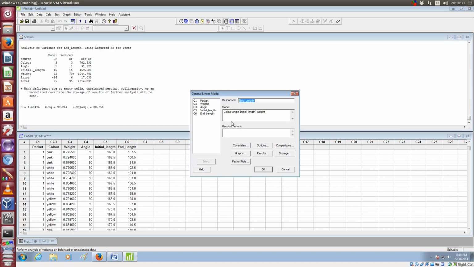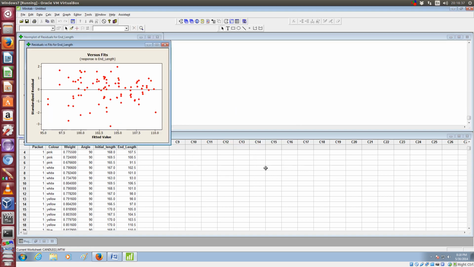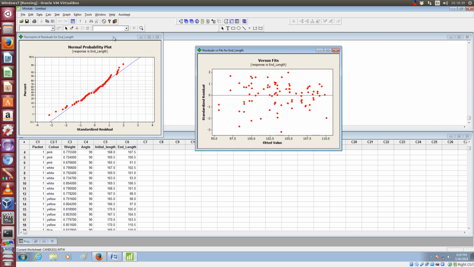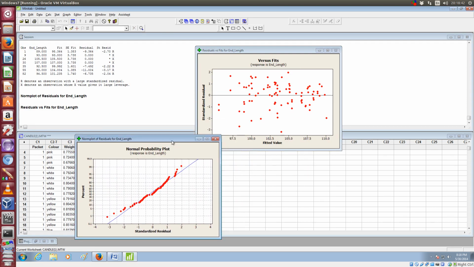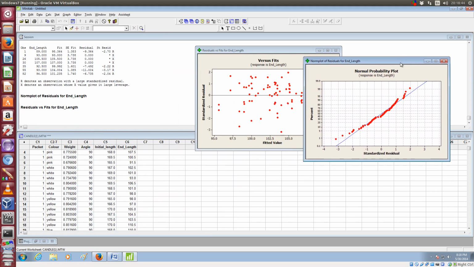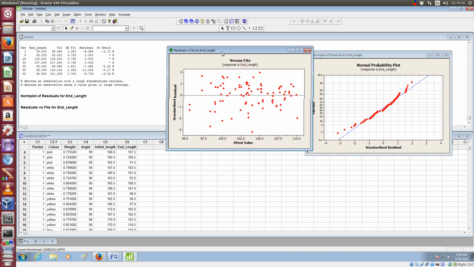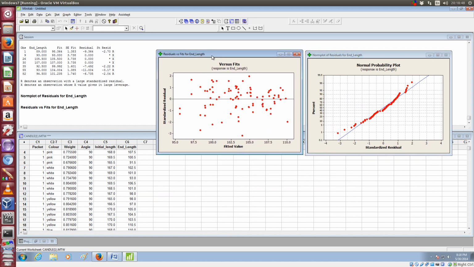There are other methods that you can use to identify it. So let's just get rid of weight as an example. Click OK, and we get results. So weight and initial length, or rather weight plus the packet, was proving to give us results which we cannot compute or generate.